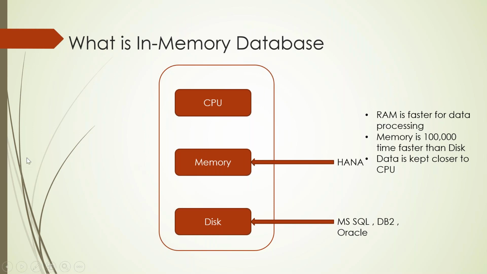So we'll see one example here. We saw that example, find out the top 5 customers. Let's see how that SQL statement is executed in a traditional database. Whenever we execute a statement in a traditional database like Microsoft SQL, the SQL query is assigned to a CPU, and then memory is assigned.